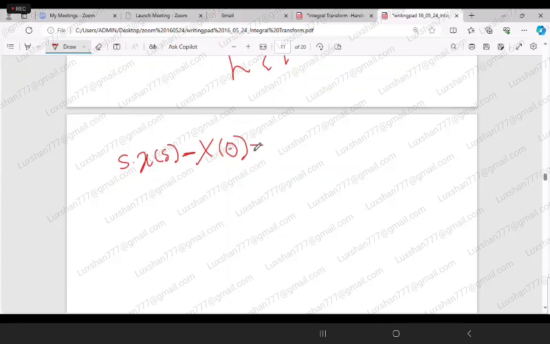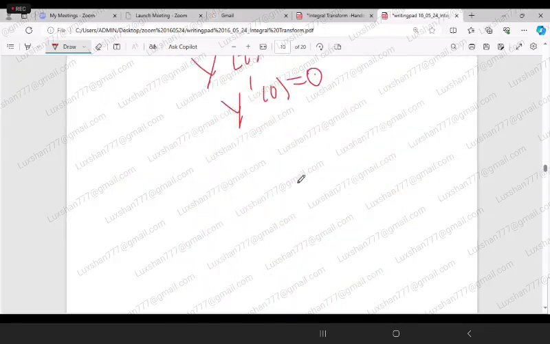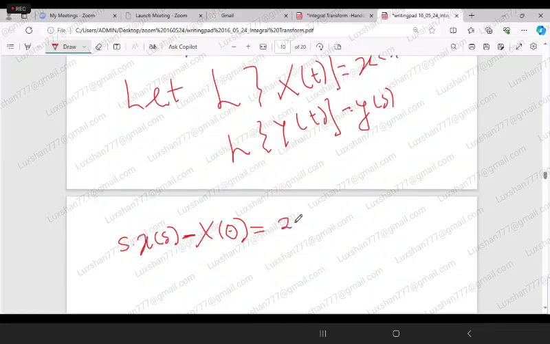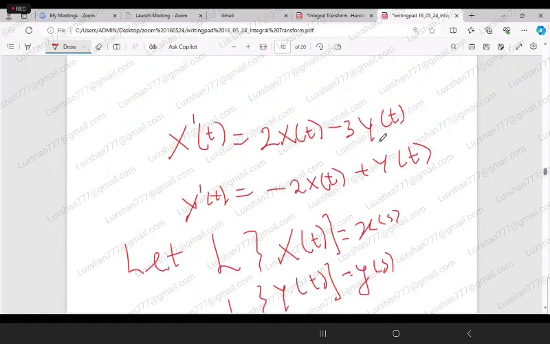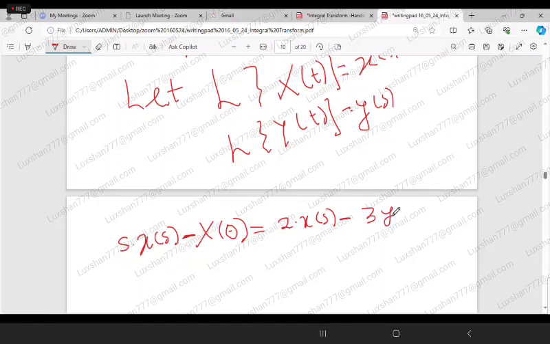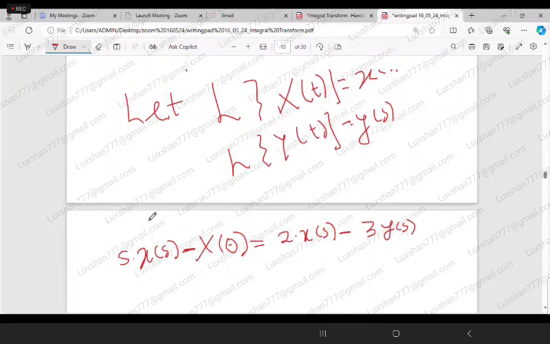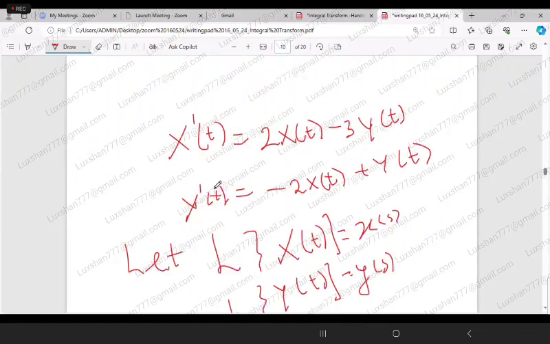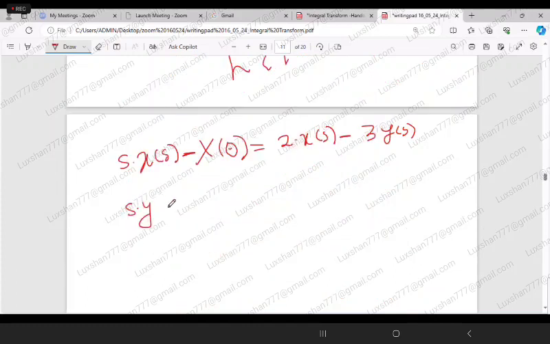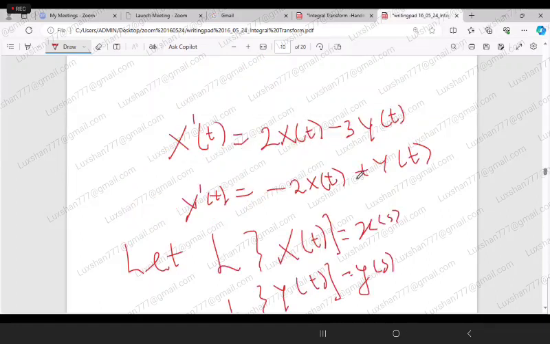Capital X(0) equals, on the right side, 2X(s) minus 3Y(s). Similarly, if you take the Laplace transform of the second equation, that will become sY(s) minus capital Y(0) equals minus 2X(s) plus Y(s).